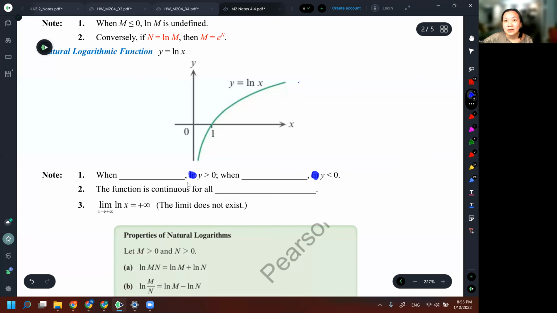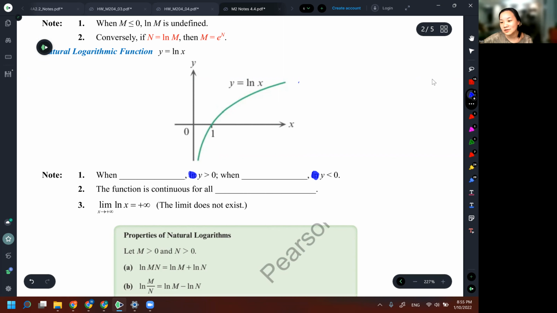How do you fill in the blanks? Basically, when is y greater than 0? You're solving y is greater than 0.